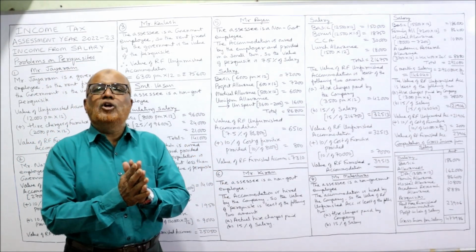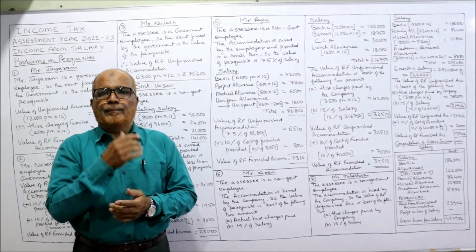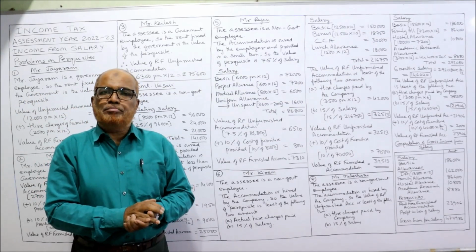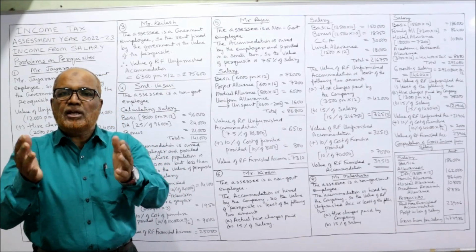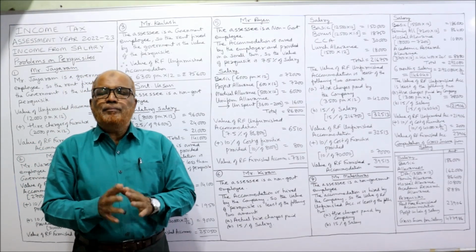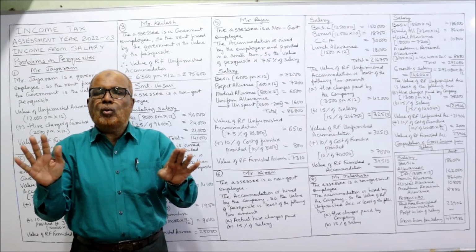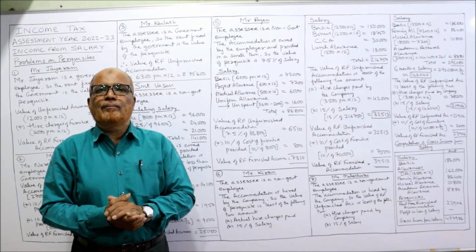Now, again a new point. The accommodation is hired by the company. Now we should not see the population. The population we require only if the accommodation is owned by the employer. In our present problem, the accommodation is not owned by the employer; it is hired by the employer.